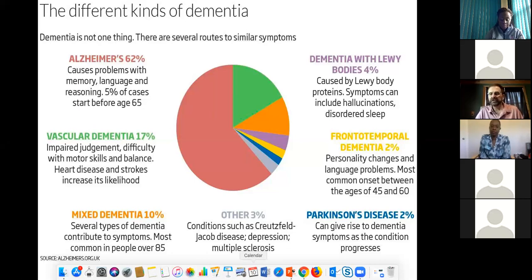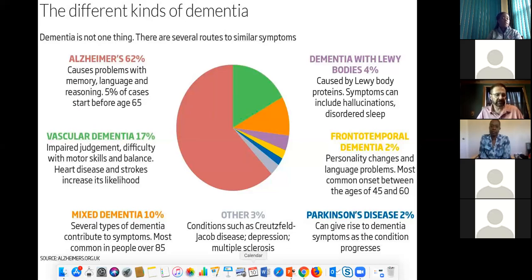Most of the time the hallucinations are somewhat benign and not quite so scary as they would be with schizophrenia, but that finally becomes one of the things that allows it to be differentiated from Alzheimer's, Parkinson's disease, and other types of dementia.